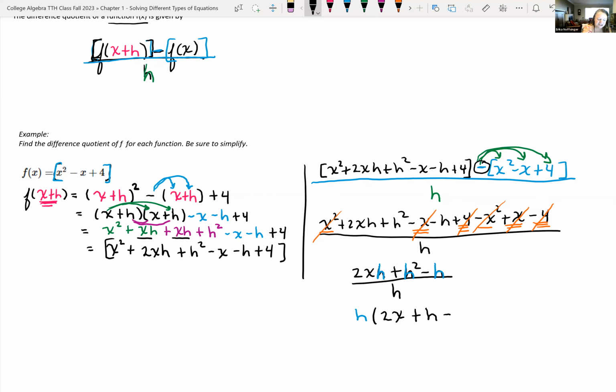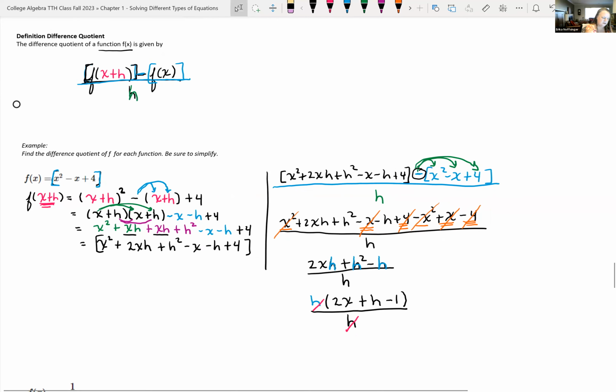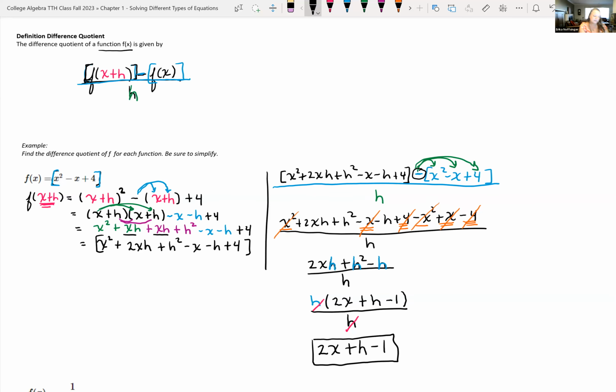Minus, if I take an h out of negative h, I'm left with minus 1, all over h. So now we have a common factor of h in the numerator and the denominator, and this reduces down to 2x plus h minus 1. Okay, so we found the difference quotient of that function f of x.